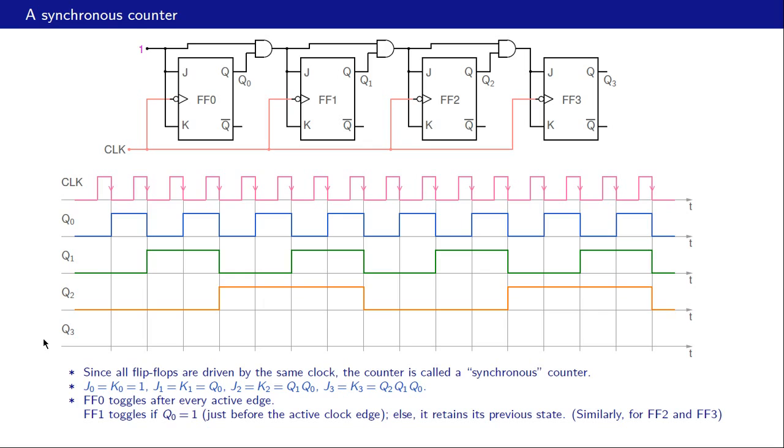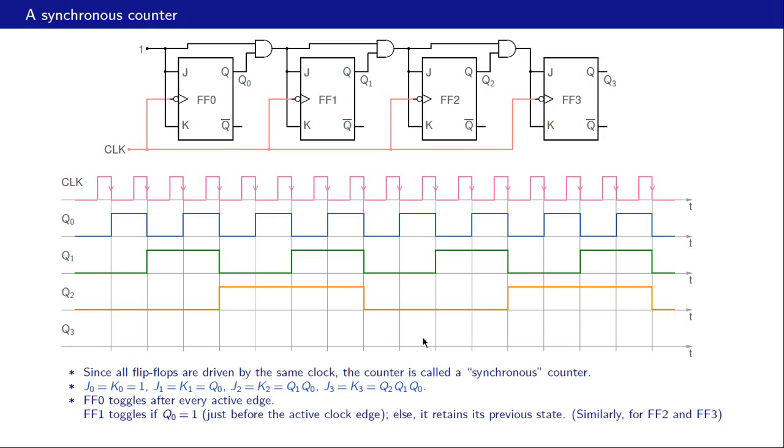We can follow the same procedure for Q3, and now we need to look at J3 equal to K3 equal to Q2 Q1 Q0. When this function is 1, then Q3 is going to toggle, otherwise Q3 is going to continue with its previous value. Now let us look at when this becomes 1, and when we see these waveforms we figure that it's going to be 1 here because Q2 is 1, Q1 is 1, and Q0 is 1 here, and also it's going to be 1 over here.